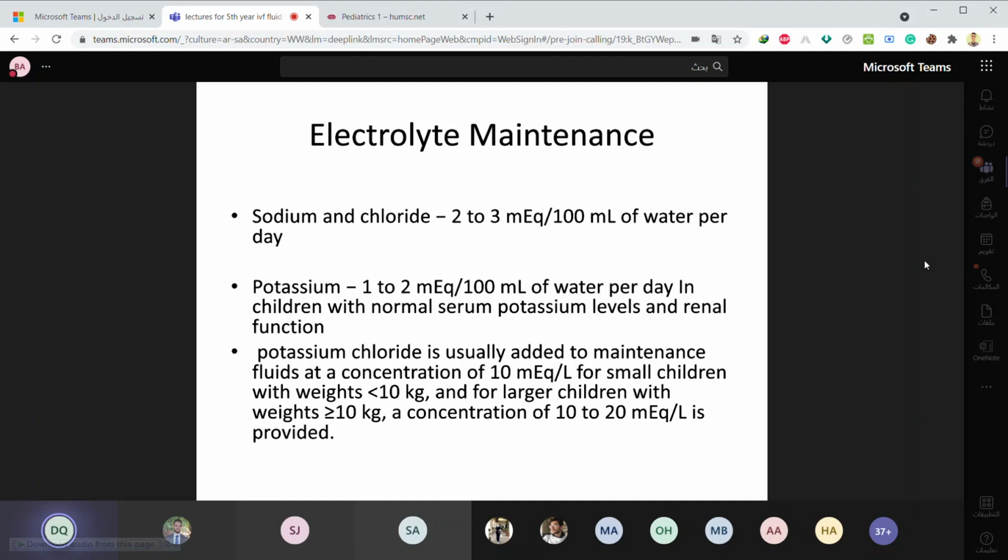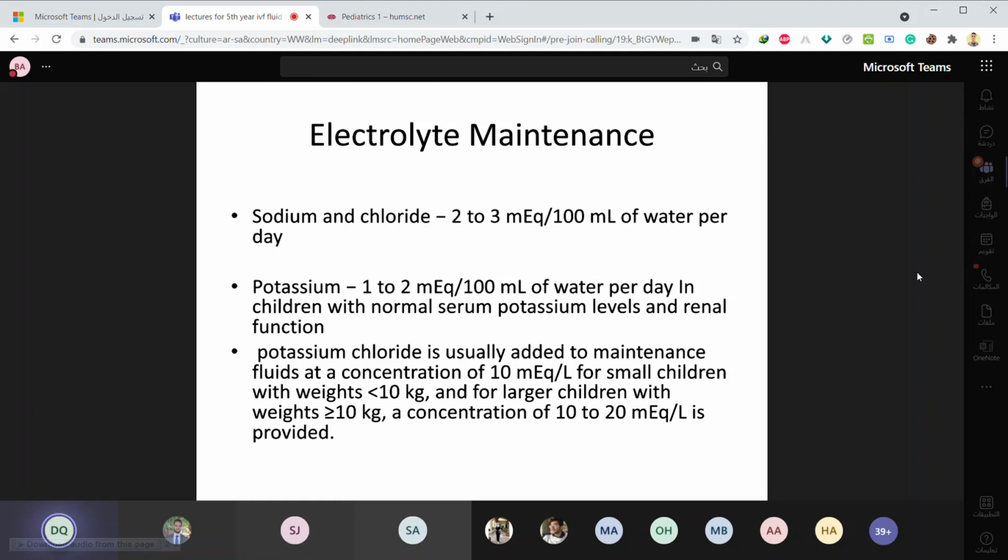We have to keep in mind that if we want to add potassium to the IV fluid, we have to check serum potassium first and renal function. If the patient has a problem or abnormality in renal function, like acute kidney injury or kidney failure, we should not add potassium until we make sure that he has good urine output and low potassium level.